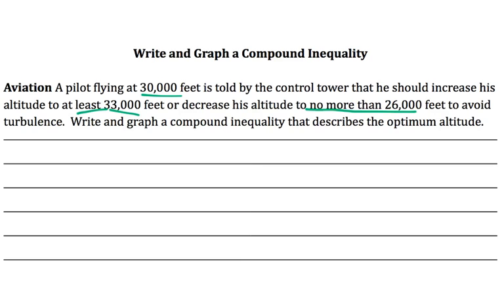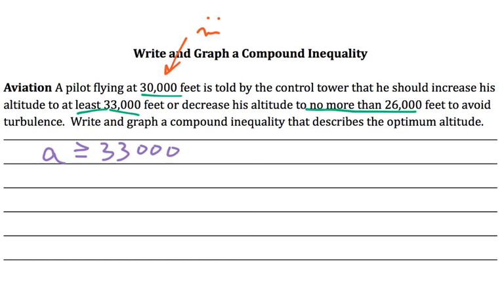So I guess this word problem is a little bit confusing, but at this 30,000 feet, right now the plane is experiencing turbulence. So if I think about the altitude, maybe I'll call that A, it has to be at least 33,000 feet. So it's got to be greater than or equal to 33,000.